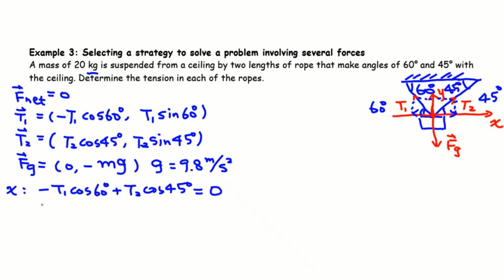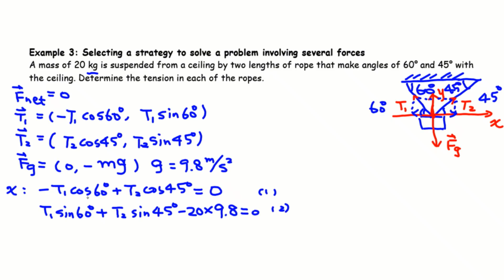And the y direction is T1 sine 60 degrees plus T2 sine 45 degrees, then minus m times g, where m is 20, g is 9.8, equals 0. So equation 1, equation 2.